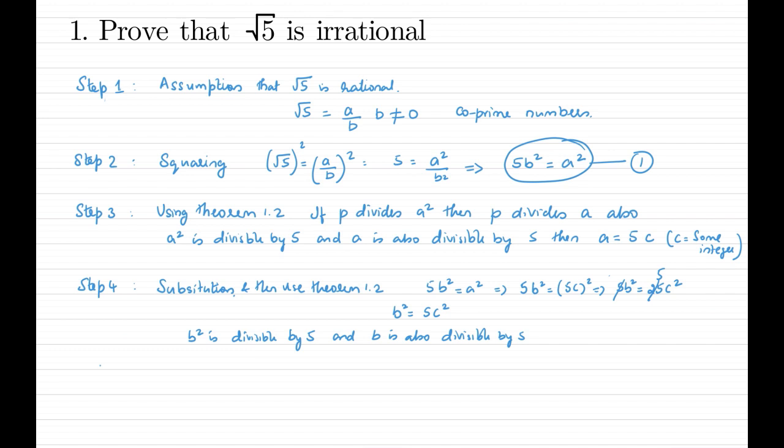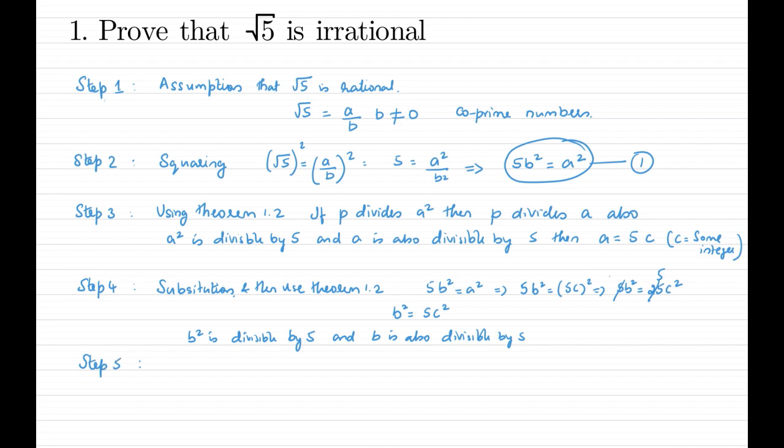Step 5 is contradiction. Why? Because we assumed root 5 as rational and therefore we wrote it as a by b, where a and b are co-prime numbers.